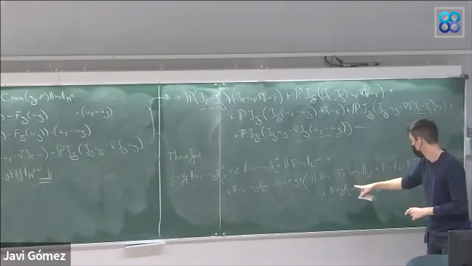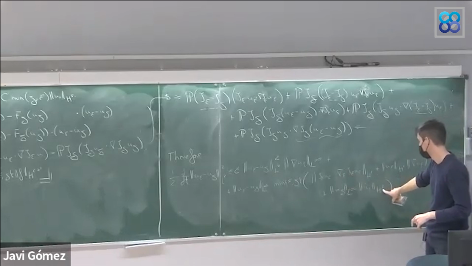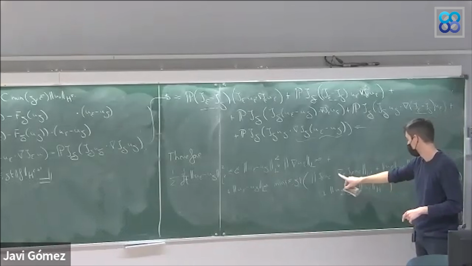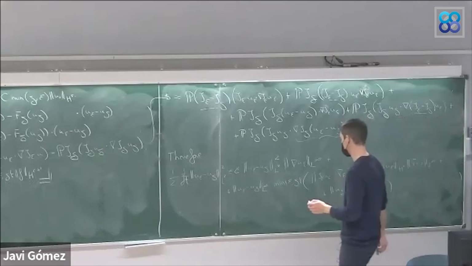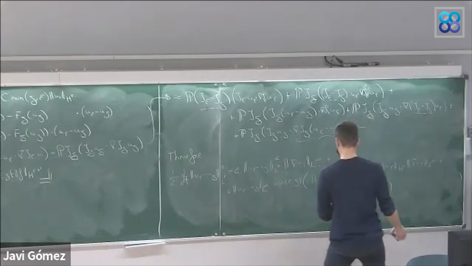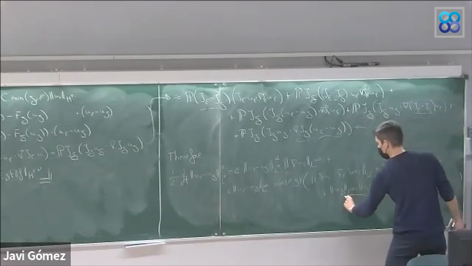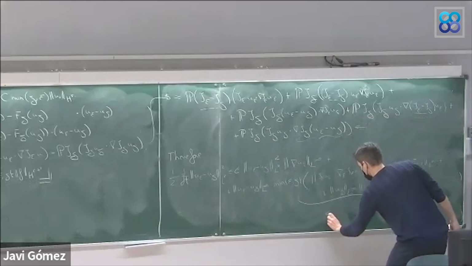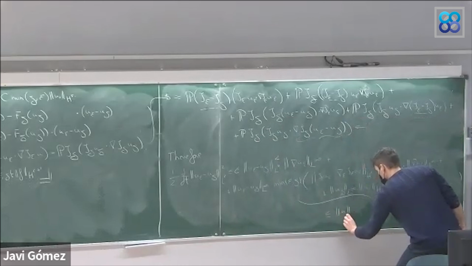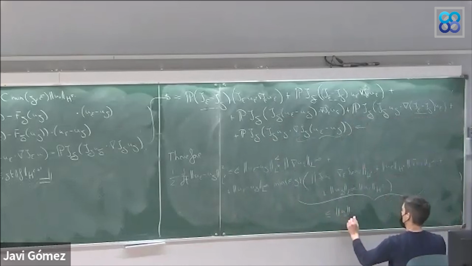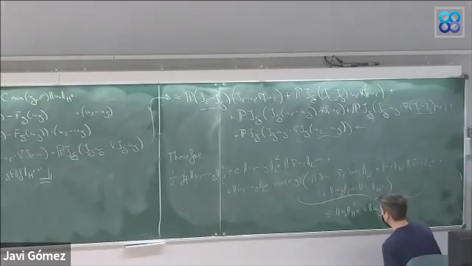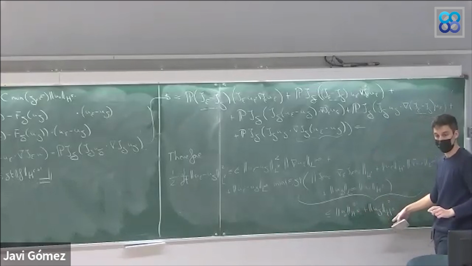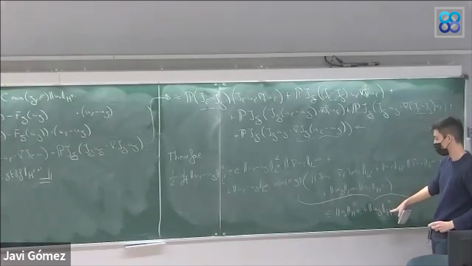So all these terms are bounded by the HS norm squared, all of them. And for this, we already had uniform bounds, so this was controlled by the initial data.